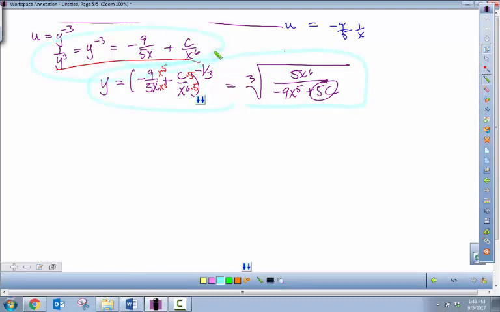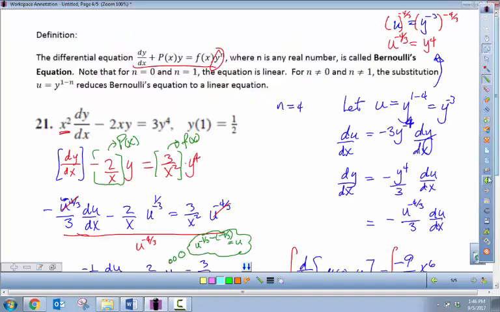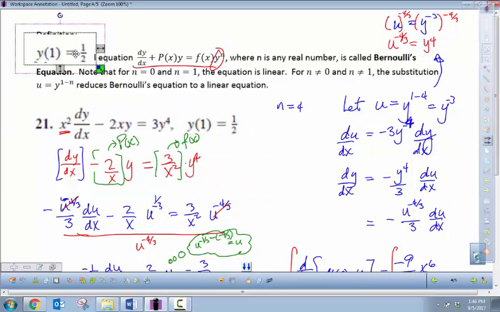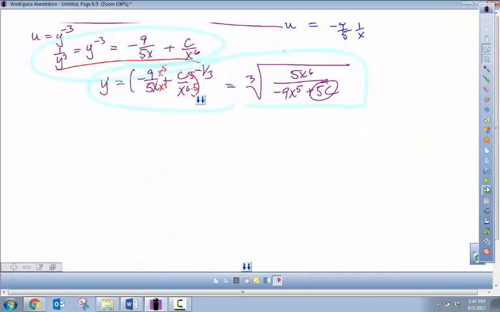And given your initial condition, let's find your initial condition again. Our initial condition says that when x is equal to 1, y is equal to 1/2.